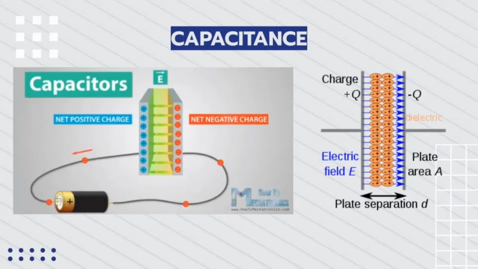The capacitance, usually measured in farads, determines how much charge can be stored for a given voltage. Increasing the surface area of the plates or decreasing the distance between them increases capacitance, while inserting a dielectric material further enhances capacitance by reducing the electric field strength and allowing more charge to be stored for the same voltage.